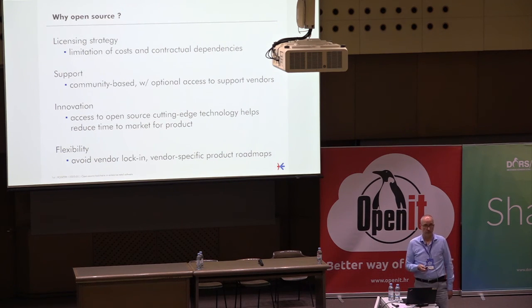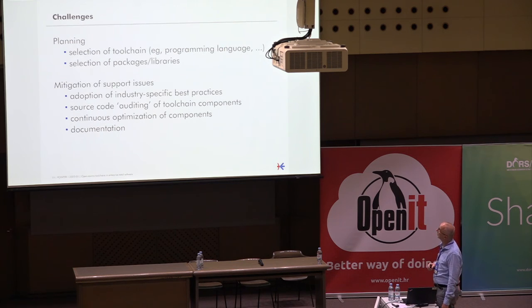And flexibility. Vendor lock-in is a typical concern. Vendor-specific roadmaps hurt us quite a lot because of the long time of use. To that extent, as always, the principal challenges were planning: how to select a tool chain, how to select a library, how to identify the components that we need to hold, and how do we mitigate support issues arising in the future.